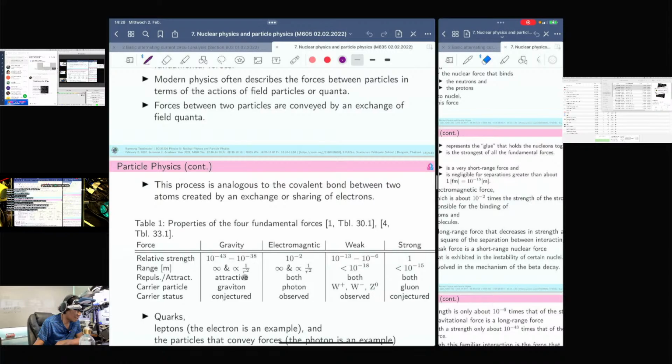But both of these forces will have less and less force once you are far away, and the rule to determine the amount of force is the inverse of the distance square, 1 by r square. That's the inverse square rule.